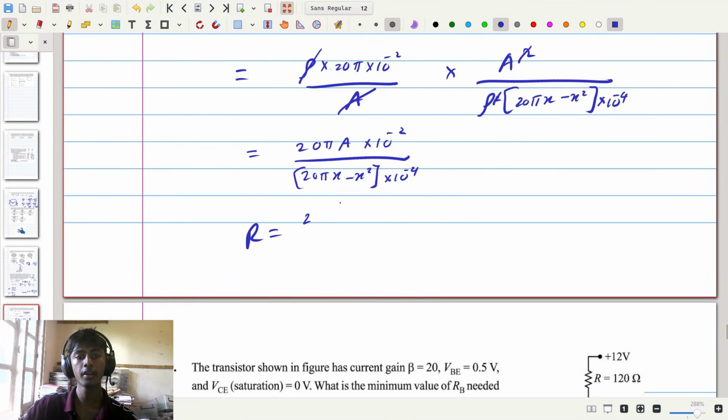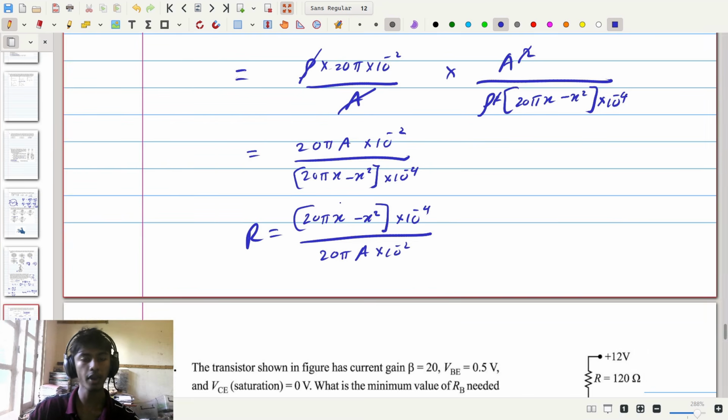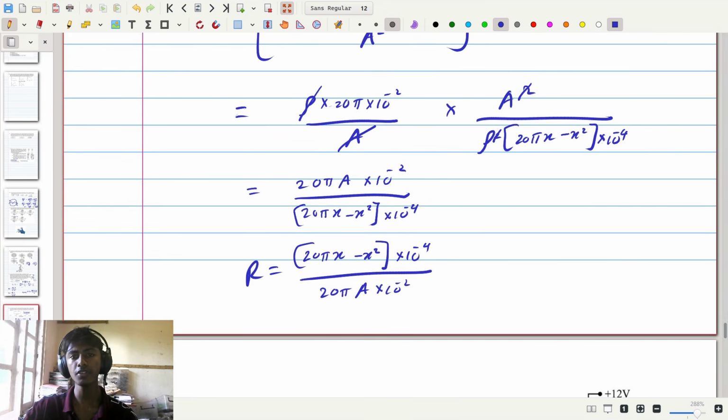So therefore, if 1 over R is equal to this, then R will be equal to the reciprocal, which is equal to 20 pi x minus x squared times 10 to the minus 4 divided by 20 pi a times 10 to the minus 2. Oh, actually I made a mistake here. I have missed the rho right here. So there's a rho right here, which means there's a rho right here, which means in the numerator there's also a rho right here.